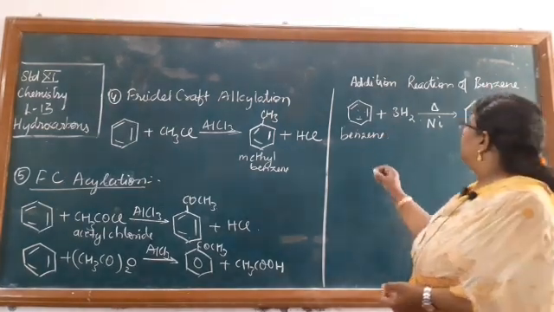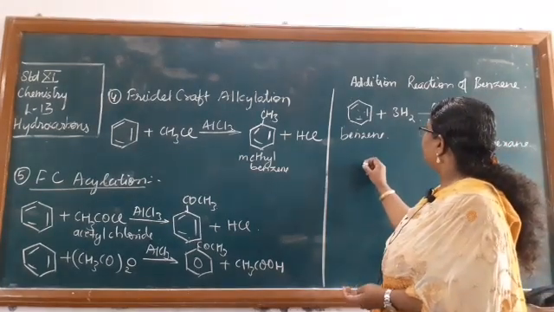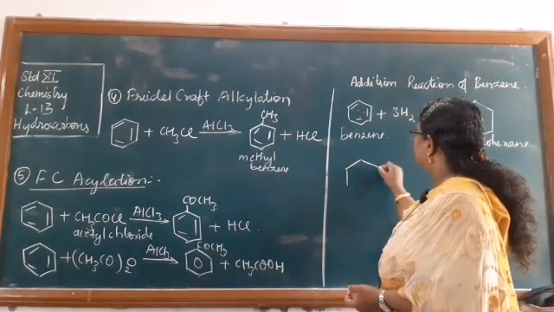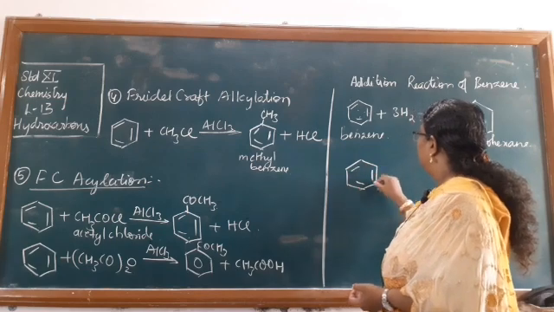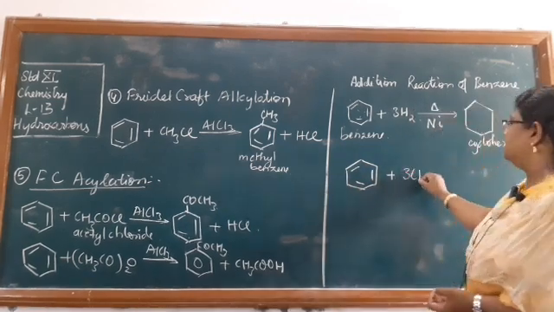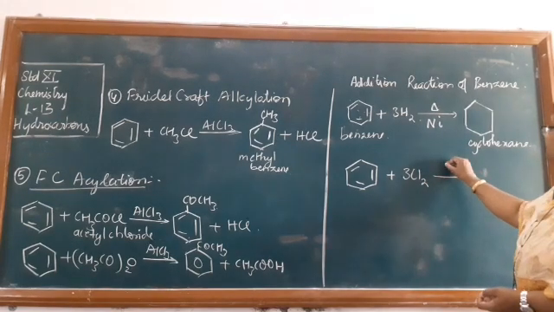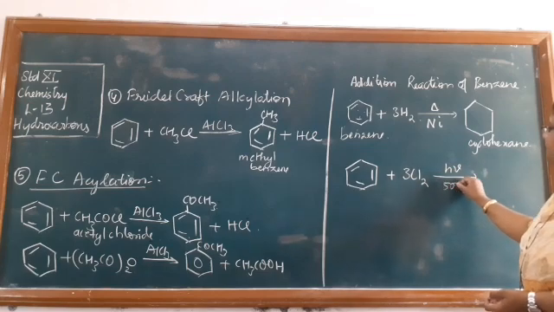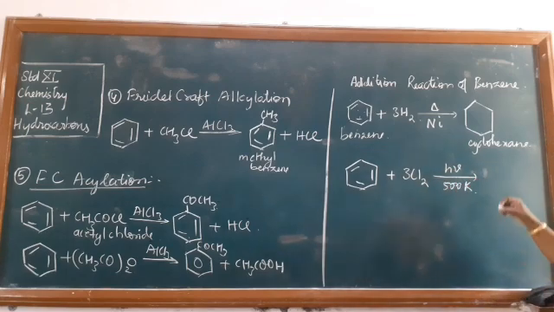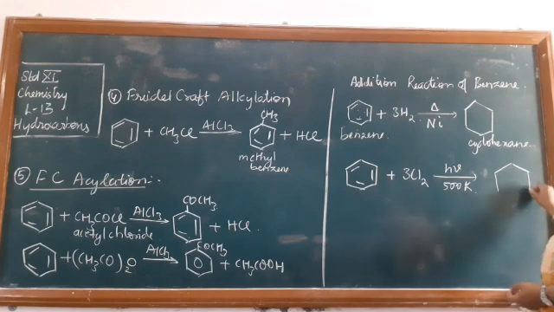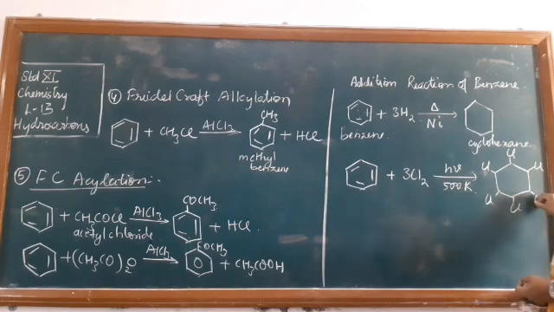Next is the addition of benzene with chlorine, 3Cl2, in presence of sunlight, h nu, at 500 Kelvin temperature. You will find the product as hexachlorobenzene, that is, everywhere the Cl atom is getting bonded.